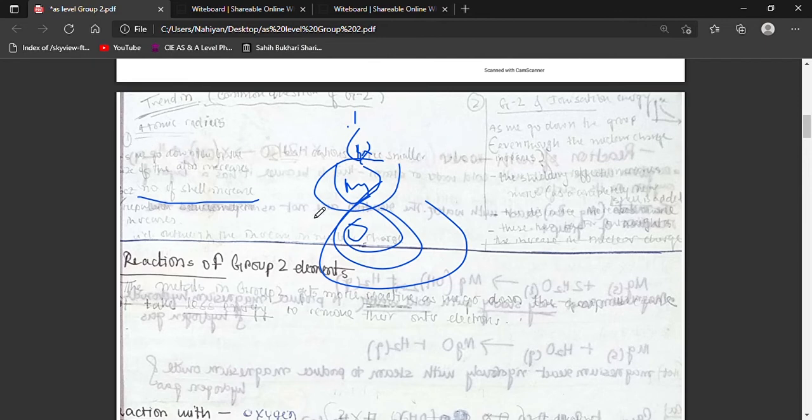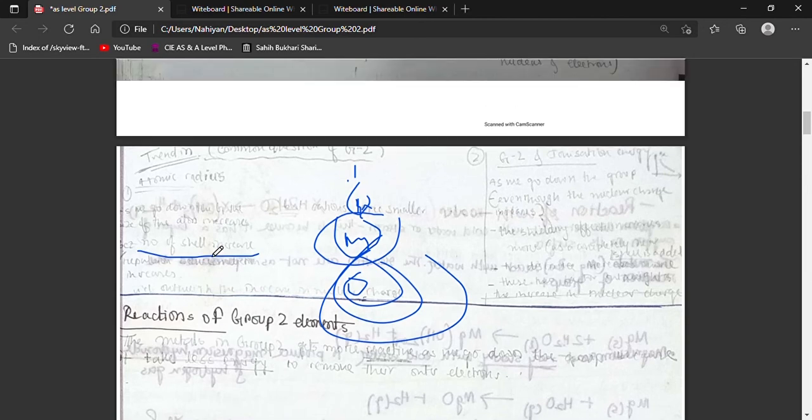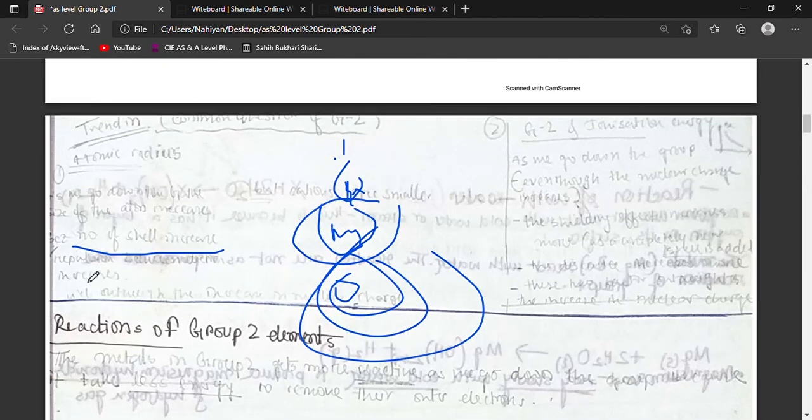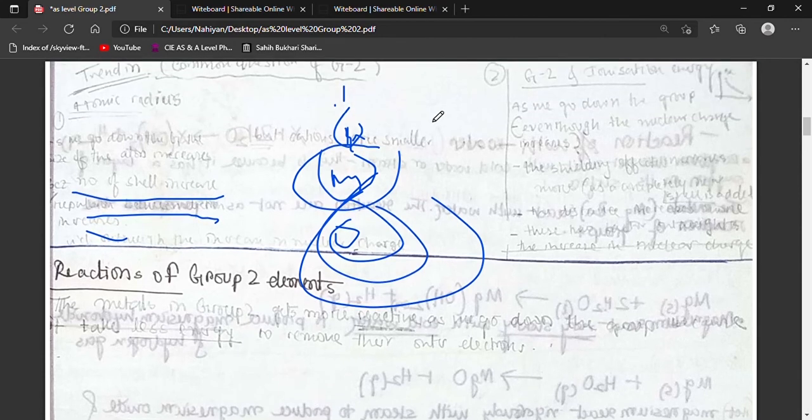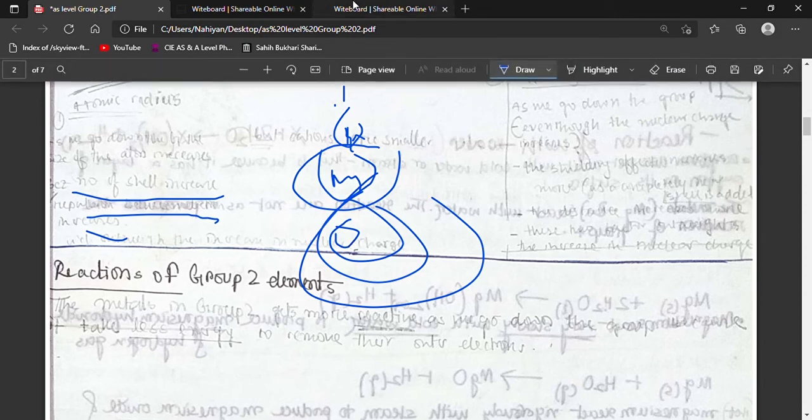It's because the repulsion between electrons increases. As you can see, there are more electrons here, which outweighs the increase in nuclear charge. Though the nuclear charge increases because the number of protons increases, it must be equal to the number of electrons.